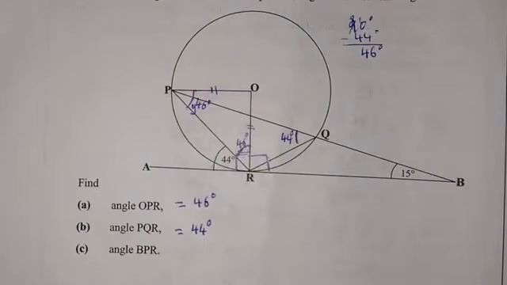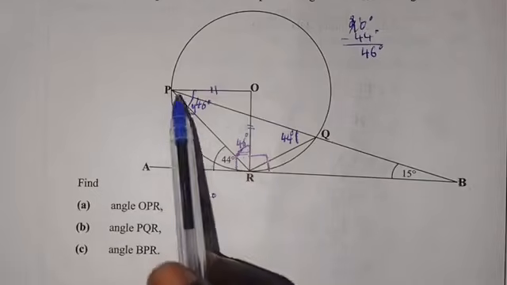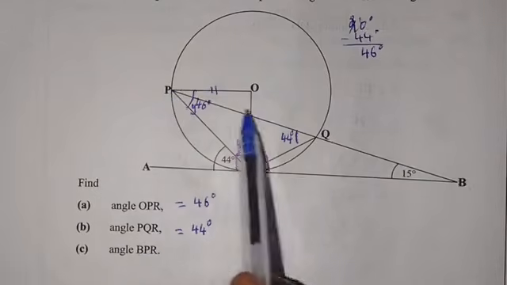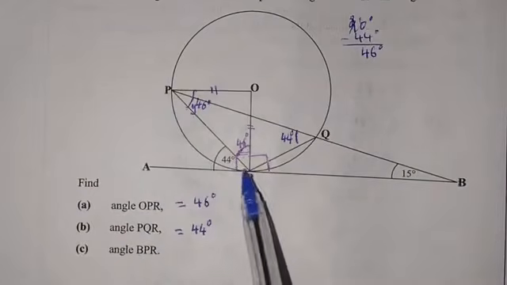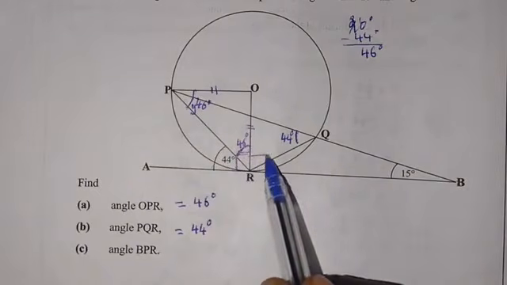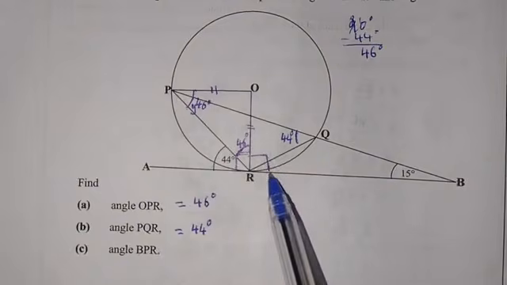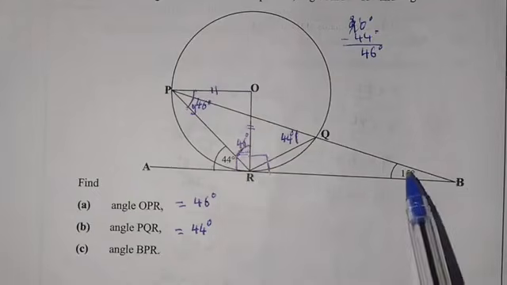Now there are many methods that we can use to find this angle BPR, because we can consider this as a triangle. You can see that here we have 90 degrees, then here there is a 46, and here there is a 15.